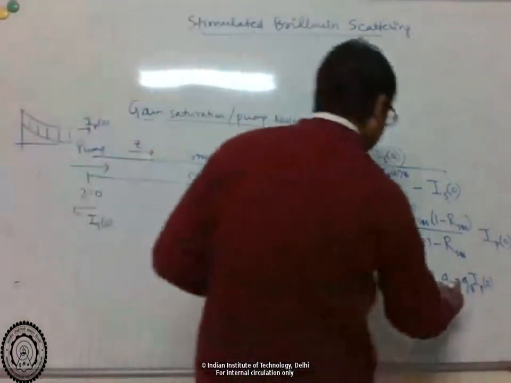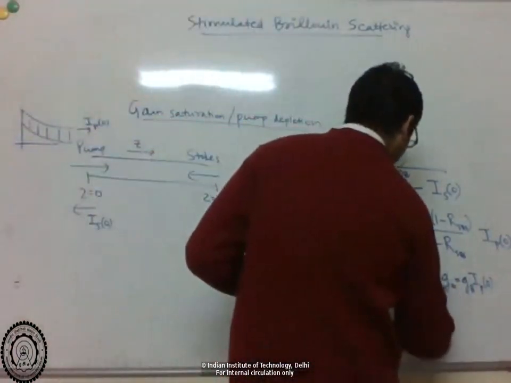Right? So this G naught is called the unsaturated small signal gain.